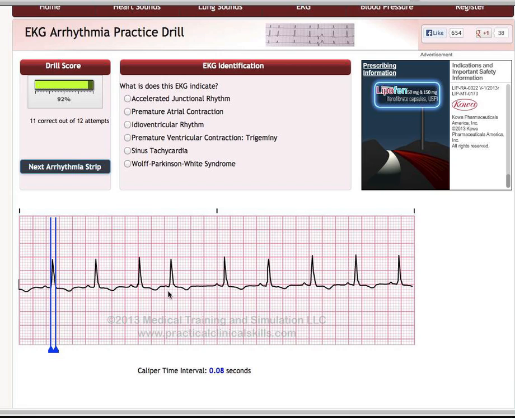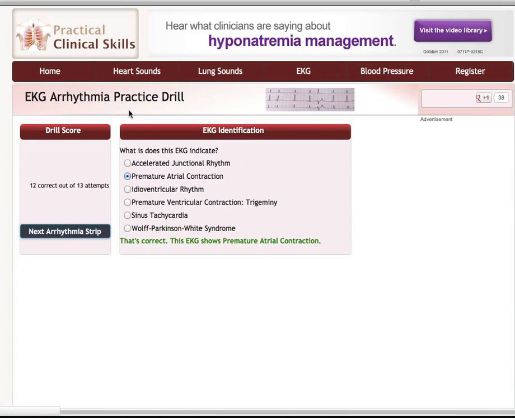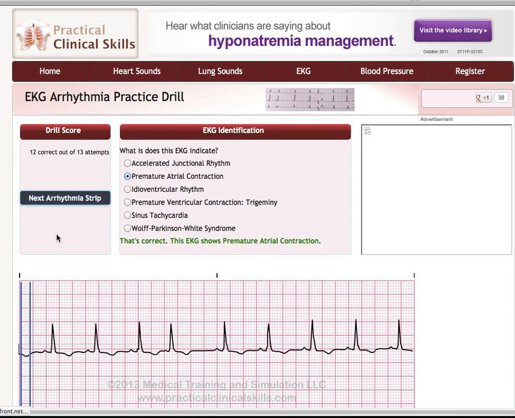So whenever you see an abnormal P wave like this and an abnormal rate, you want to think of a PAC, which is a premature atrial contraction, and that's what this one actually is. Yeah, that's correct.